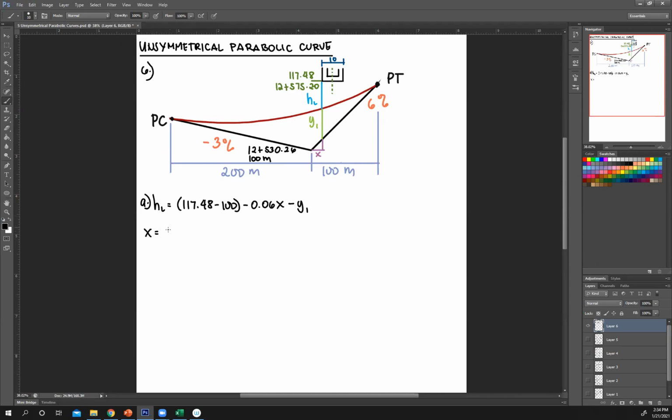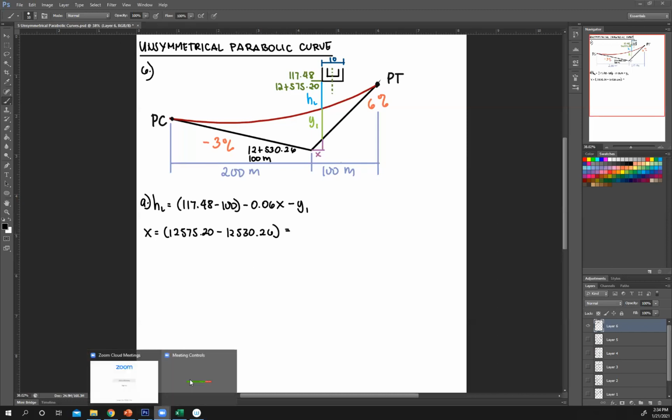So first, let's solve for x. x is just 12,575.20 minus 12,530.20. What's x?